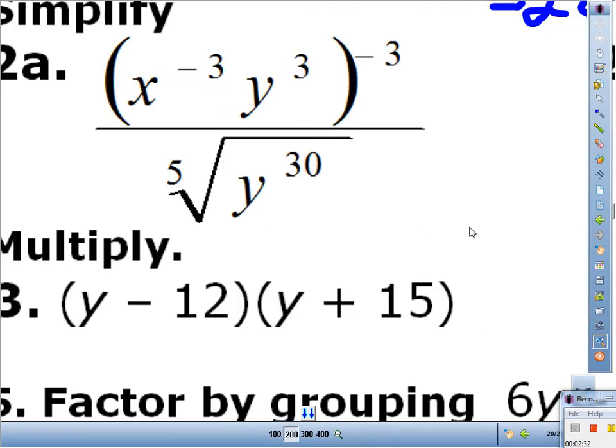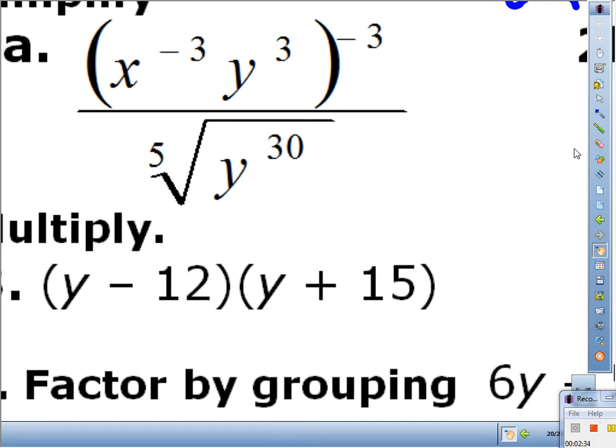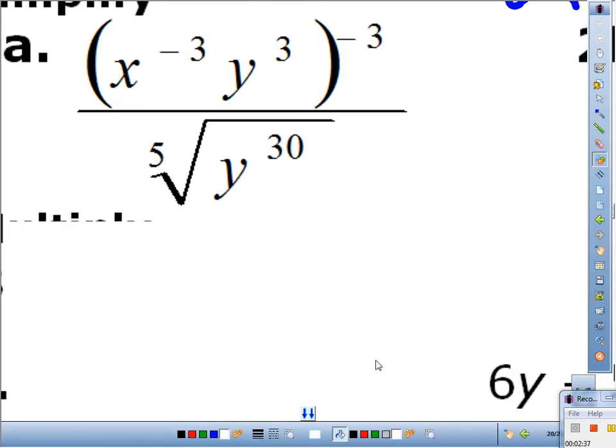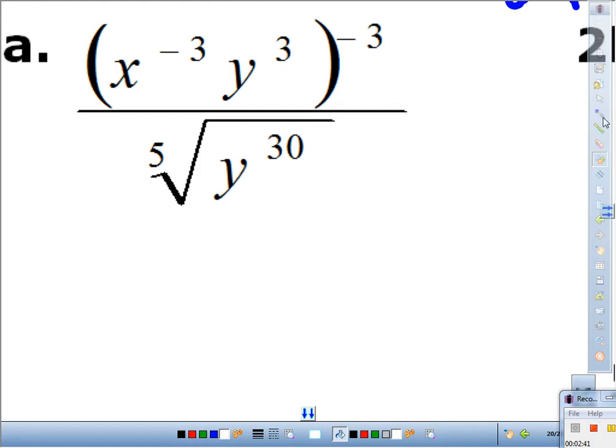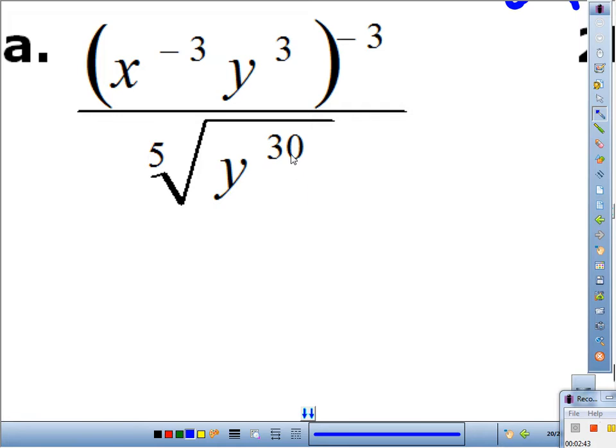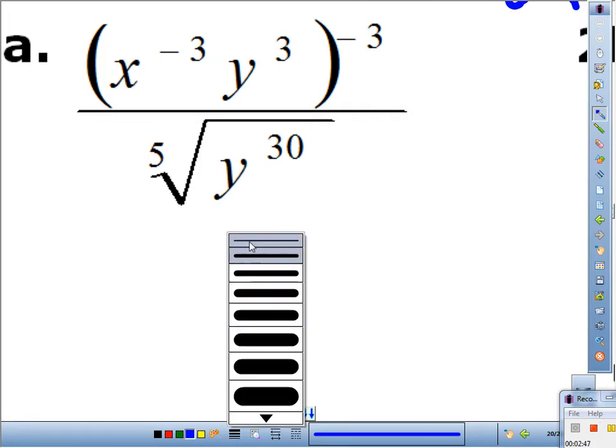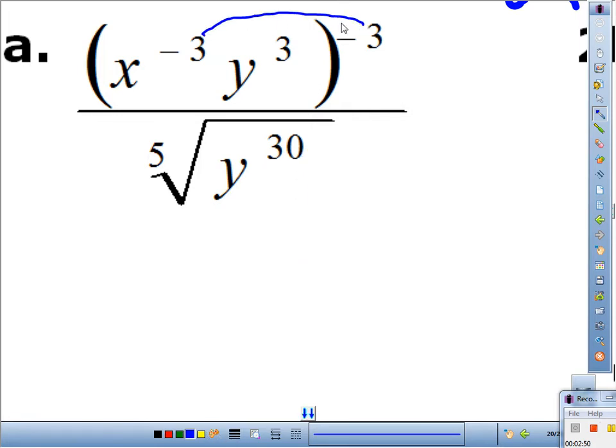Let me go to number 2. I'm going to zoom in. For this one, it seems like our noodle gets a little rusty, so I'm going to go over this one more time. I'm going to start by distributing the exponent, starting with the numerator. Distribute: x to the positive 9, because -3 times -3 is positive 9, and y to the -9.